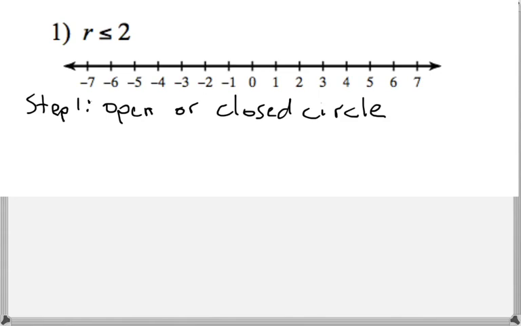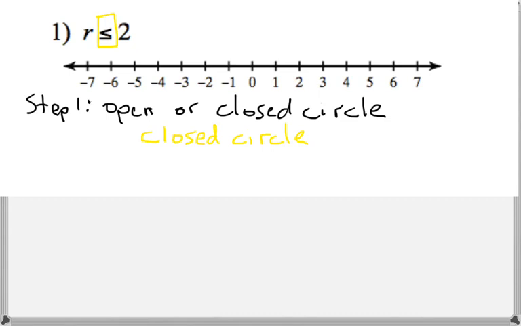Are you going to need an open or a closed circle? And that goes back to our key concept table. We have a less than or equal to, so that means we are going to have a closed circle. Means we're going to fill in our circle.